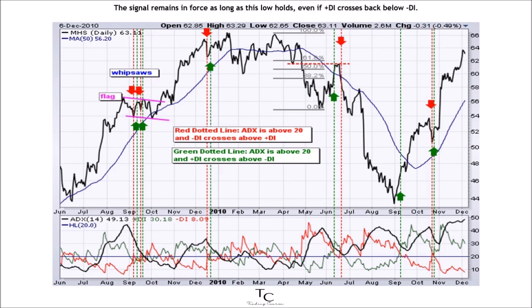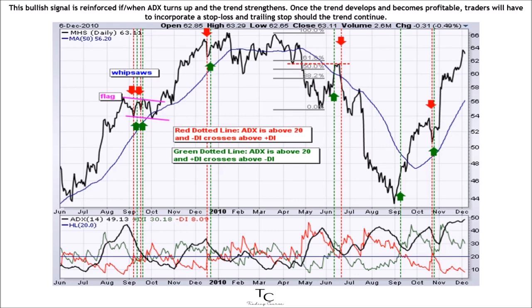The signal remains in force as long as this low holds, even if plus DI crosses back below minus DI. Wait for this low to be penetrated before abandoning the signal. This bullish signal is reinforced when ADX turns up and the trend strengthens.